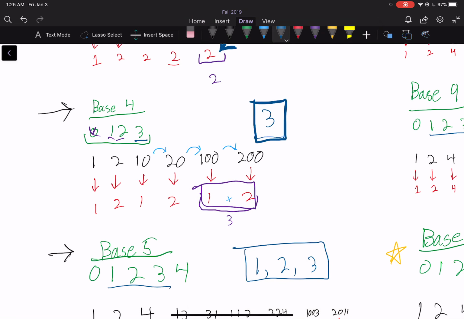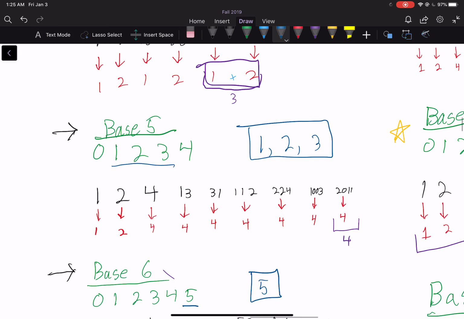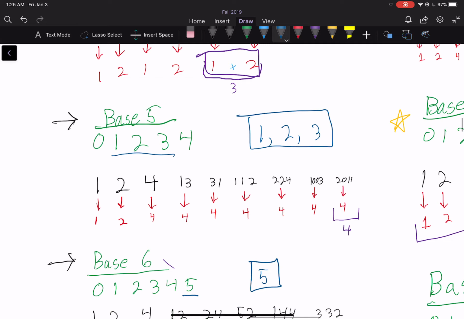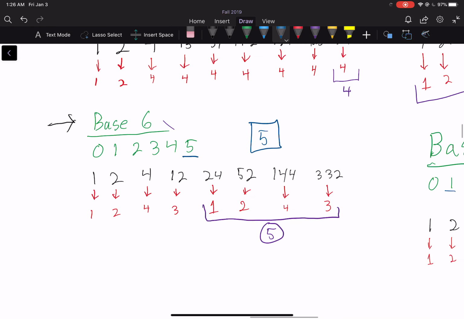All right. Moving on. Base 5, you get the idea. Base 6, things are a little tricky because originally when I was figuring this out, I was just adding these numbers together. In this case, in base 6, I was doing addition of these numbers in base 6.